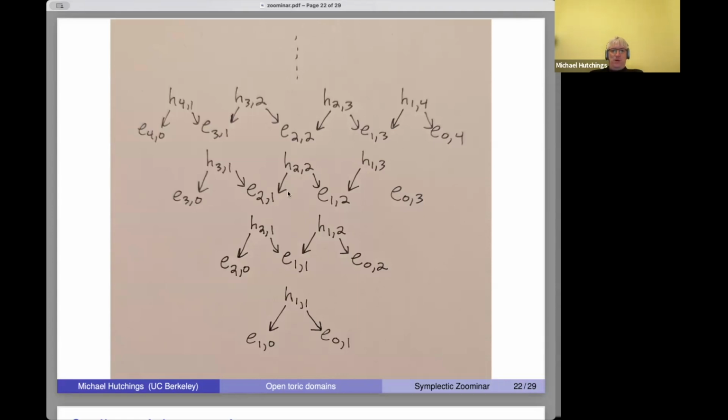So I ruled that out by showing that each individual E generator has to be non-trivial in homology. Okay, I'm sorry.